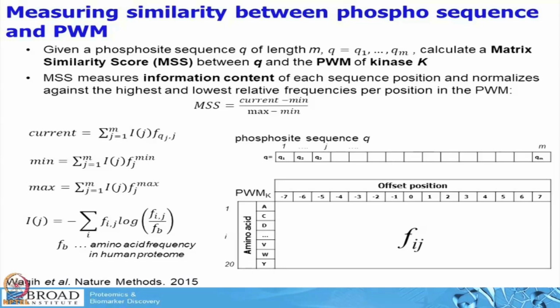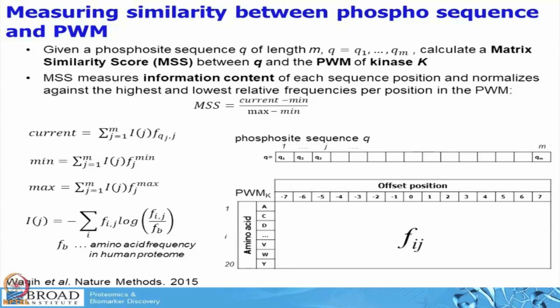In order to calculate the score for a specific phosphosite, they came up with this matrix similarity score, which is a concept that has been introduced for genomics sequence analysis. The principle is that you want to calculate a score: given a phospho sequence, how likely or how similar is it to my position weight matrix here.